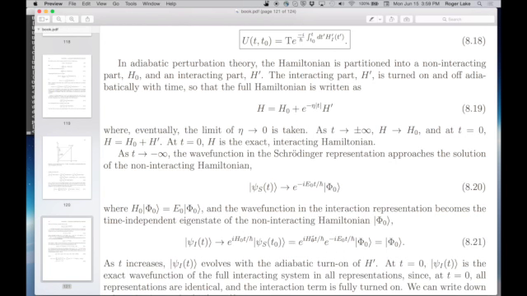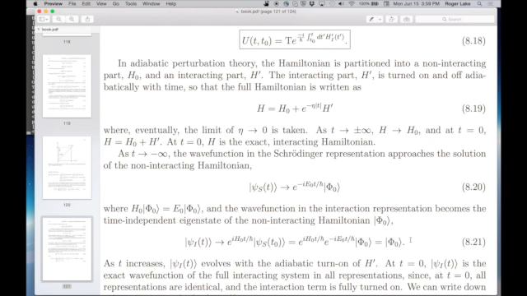Then H0 acting on phi 0 is just a number. The phases, these two terms, cancel. So the interaction wave function as t goes to negative infinity just becomes your time-independent eigenstate. Okay, so your wave function in the interaction representation just becomes your time-independent eigenstate as t goes to negative infinity.